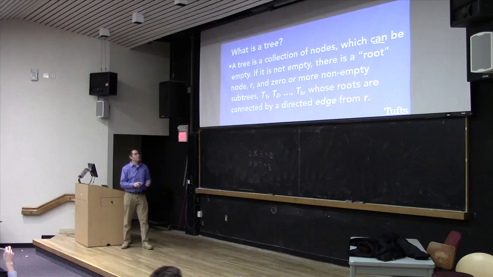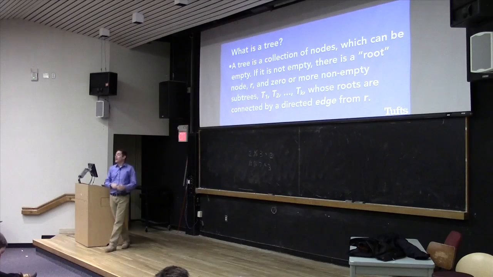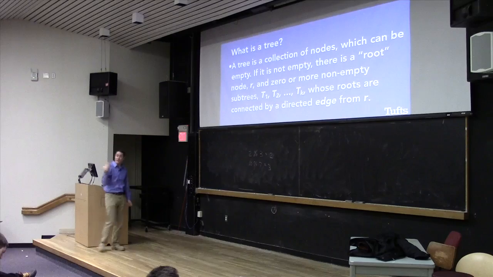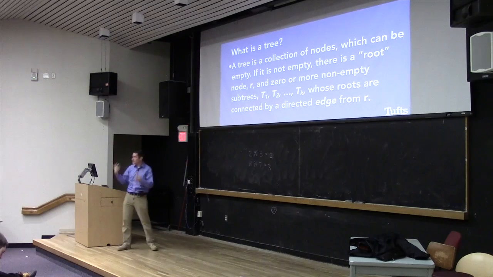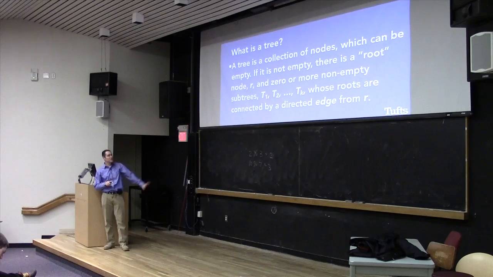So there's a root, which is the top node in a tree. It's like the first node. It's where everything starts. It's analogous to the head in your linked list. We'll call that root R, and it has 0 or more non-empty subtrees. So a tree has these subtrees that kind of fall out below it. Again, a picture will be worth all these words in a minute.